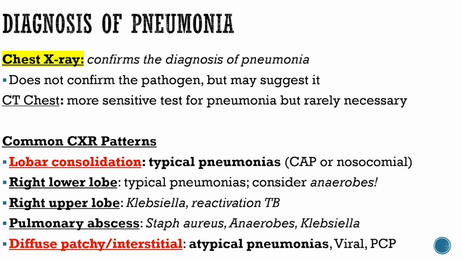Remember, by far the most common cause of atypical pneumonia is Mycoplasma pneumoniae. But even PCP can cause a diffuse, patchy, or interstitial pattern. And you should definitely think PCP if you have a patient with HIV or some sort of immunocompromising history.